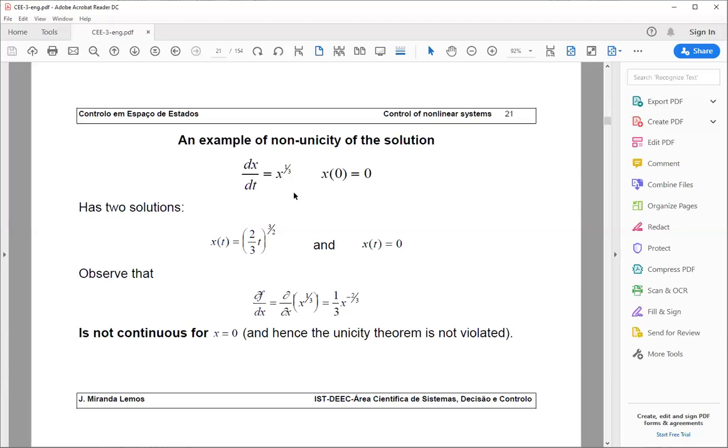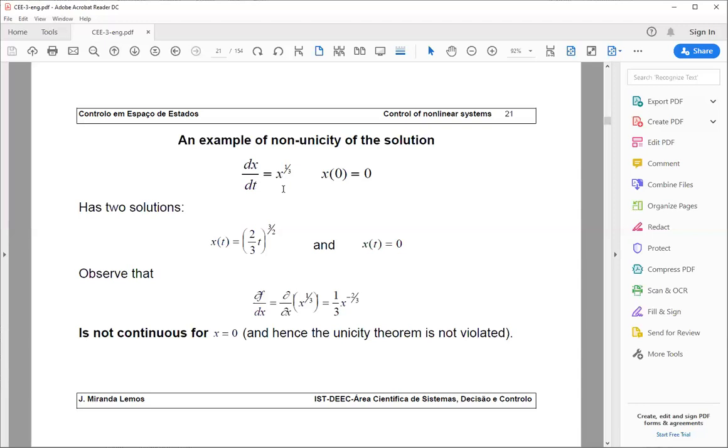But this is not always so. Actually, there is one important situation, which is magnetic suspensions. In magnetic suspensions, you have non-unicity of solutions that might yield some funny phenomena, in particular with respect to frequency response.